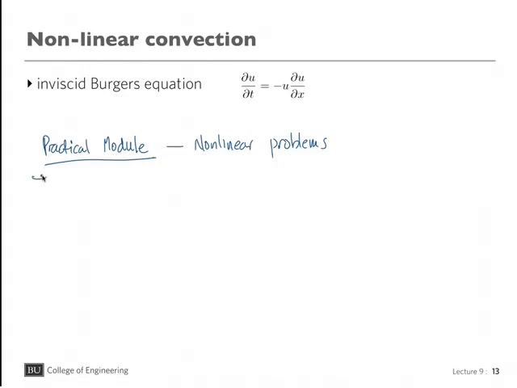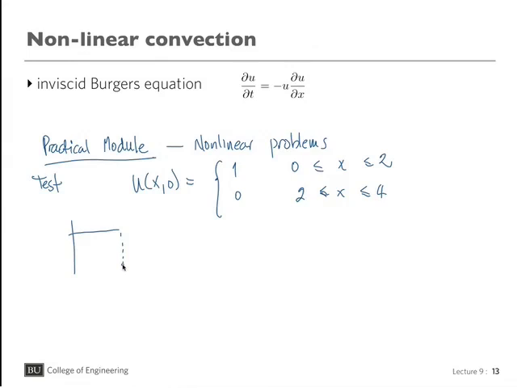You will do the following test. It's going to be an initial waveform that has just a discontinuous distribution, 1 and 0, the value 1 between 0 and 2, and 0 between 2 and 4. So basically it looks like that.